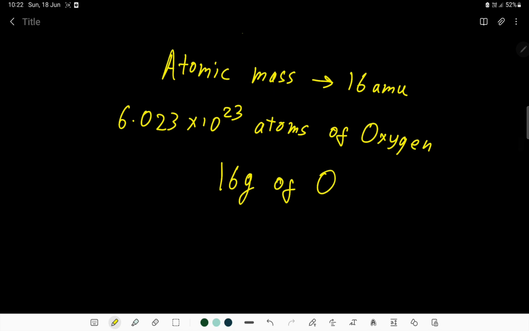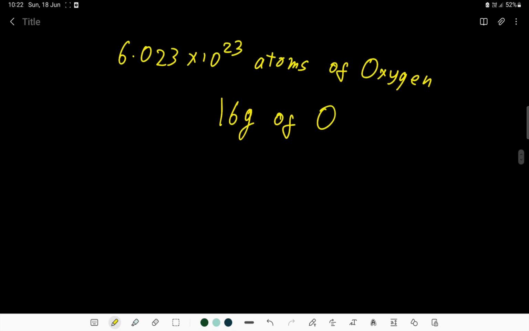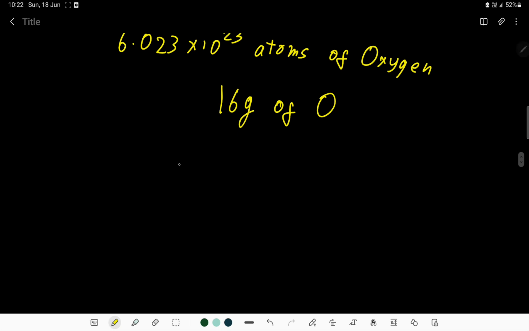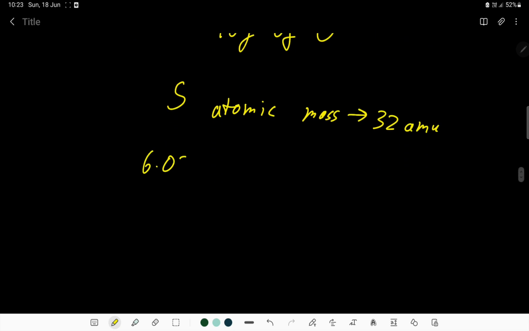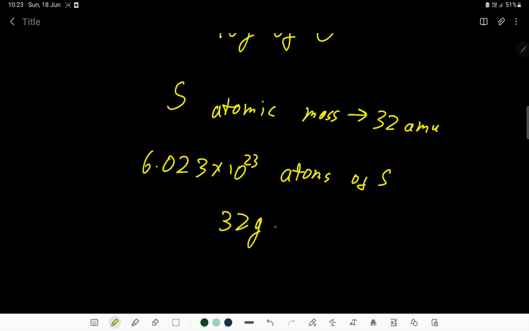Isn't it fascinating? It also means, let's take sulfur. The atomic mass of sulfur is 32 atomic mass units. So if I take exactly 6.023 into 10 to the power of 23 atoms of sulfur, I get exactly 32 grams of sulfur. Tell me that's not fascinating.